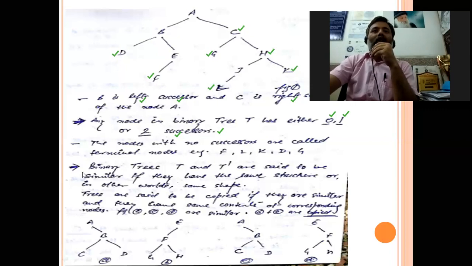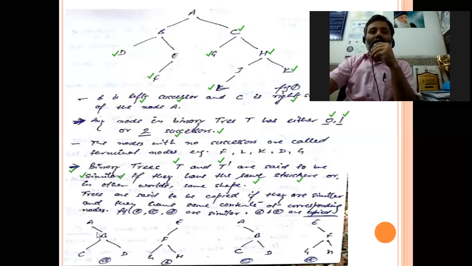Okay. Now, another point. Suppose we have two binary trees, T and T dash. We will say that these two trees, T and T dash, are similar if they have the same structure, or in other words, the same shape.